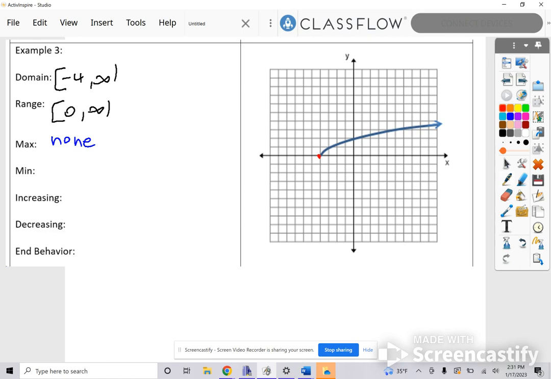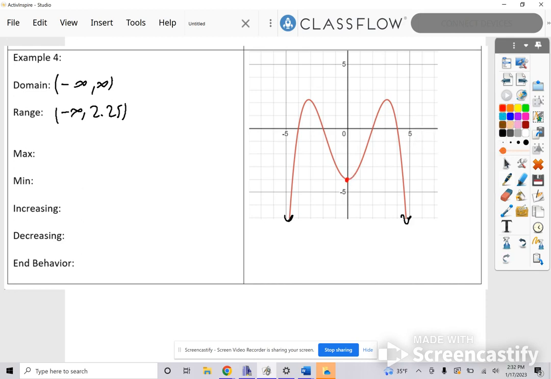And the answer is no. I don't have that sharp valley. And because I don't have that, I don't have a relative minimum. I have what we call an absolute minimum, which in this case is somewhat interesting. But I don't have the relative, meaning none.